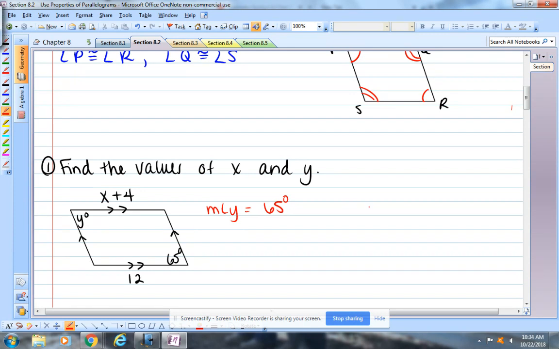X plus 4 equals 12, because if that whole side length is 12, then the X plus 4 has to equal 12 as well. Subtract your 4 and X equals what? 8. Do you put degrees with that? No. If you're finding the length of the side, it does not have a degree. Easy, isn't it?